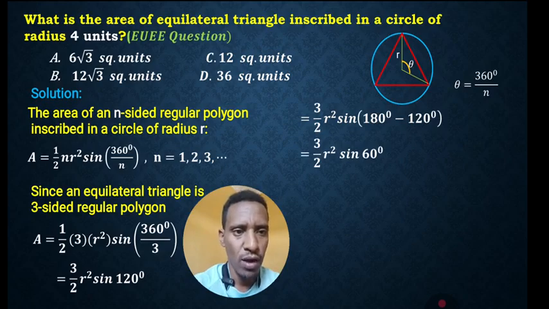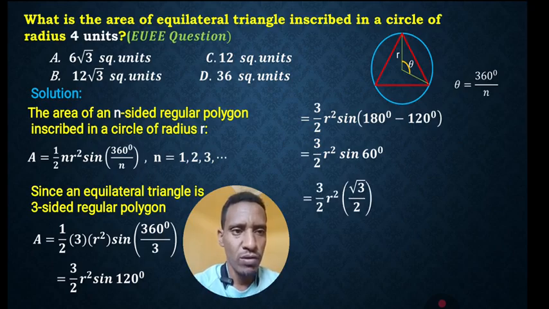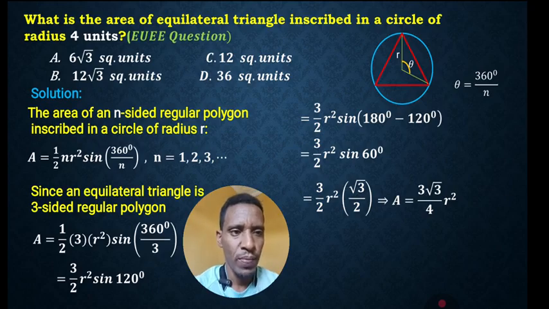So the area is equal to 3 over 2 times R to the power of 2 times sine of 60 degrees. Sine of 60 degrees is equal to square root of 3 over 2, because 60 degrees is a special angle. So the area is equal to 3 times square root of 3 over 4 times the radius squared.